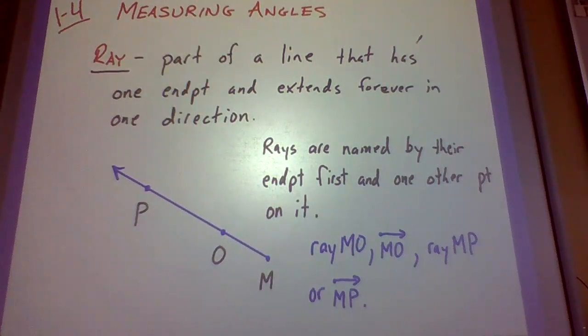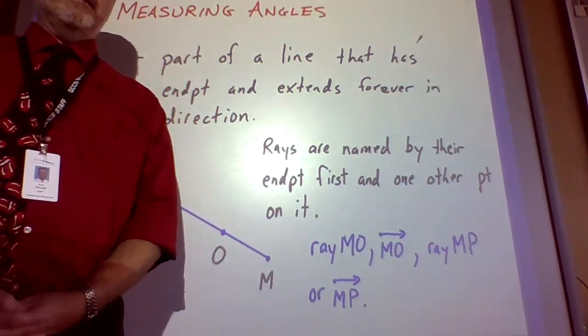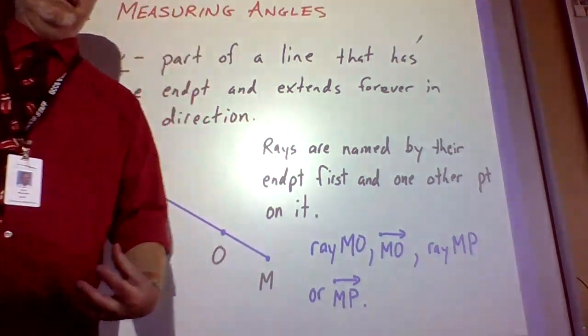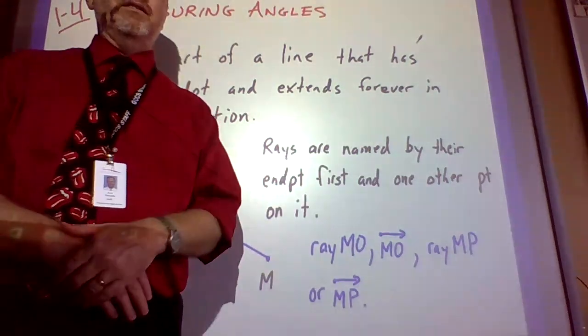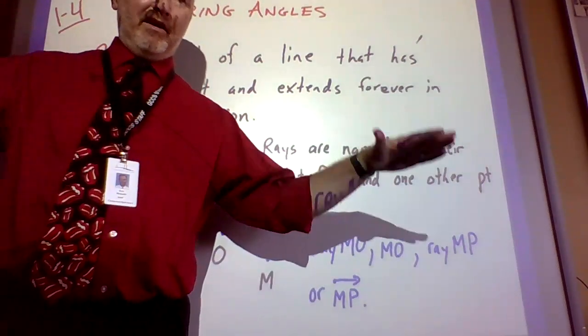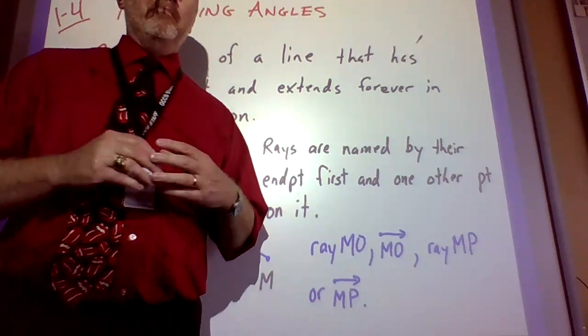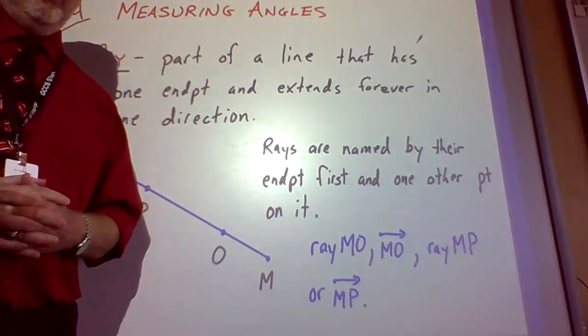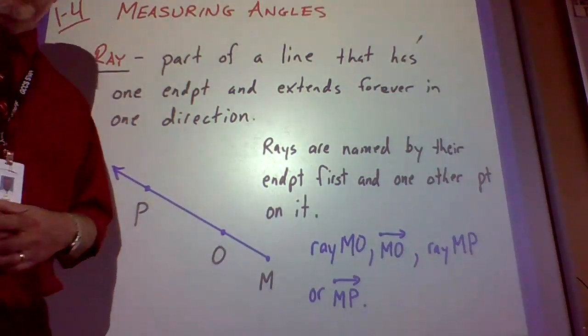Before I jump to the next screen, I mentioned in the lesson about points, lines, and planes that there really isn't such a thing as a line in the real world because they go forever in both directions. Planes, remember we talked about a sheet of paper that goes forever in all directions. There's really nothing like that in the real world. But I can think of 2 actual examples of rays in the real world.